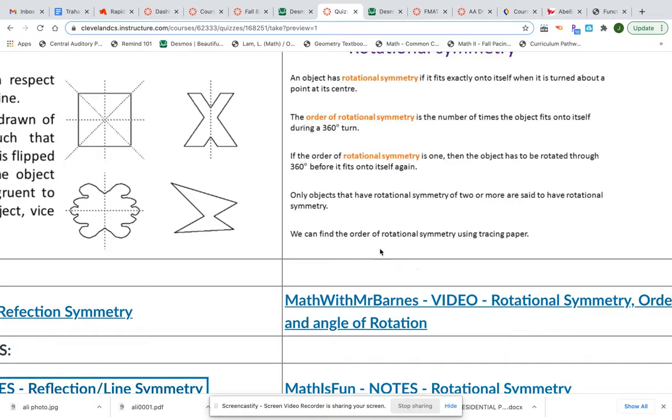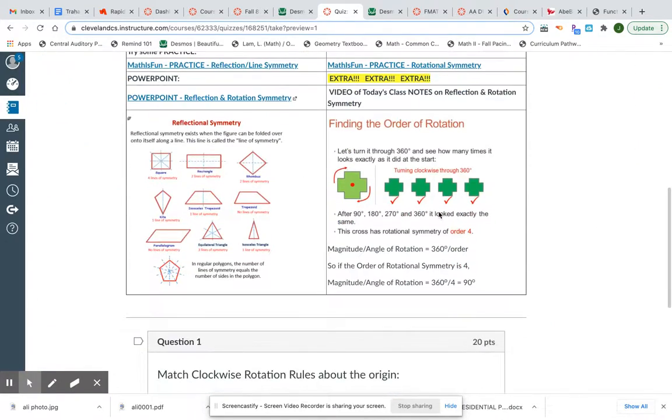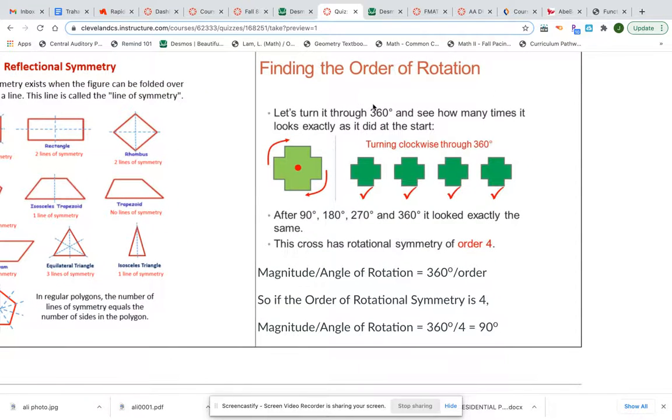Okay, let's see here. Down at the bottom, this is a really good picture. If you take this object and rotate it clockwise, how many times can it map onto itself? This side here is congruent to this side, congruent to this side, and congruent to this side.